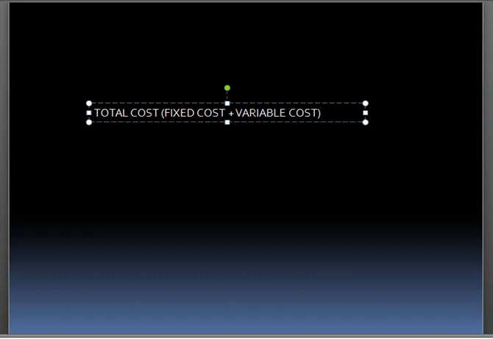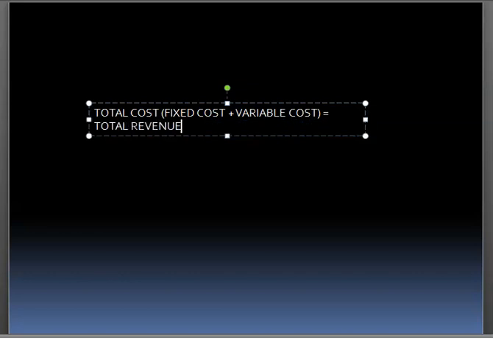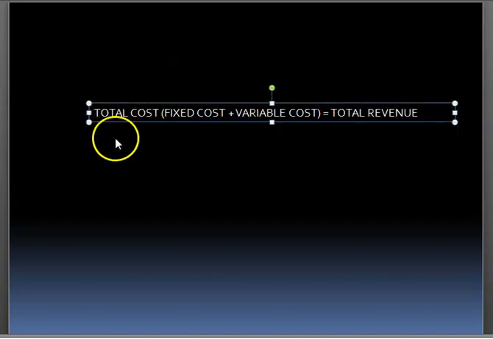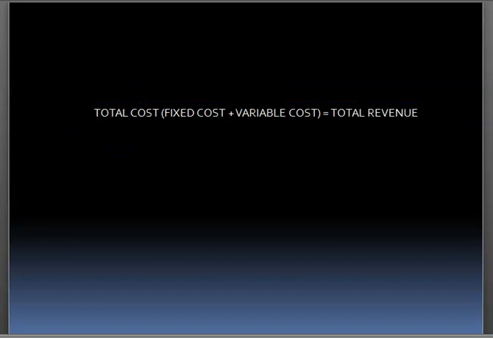They want to know when it equals the revenue, total revenue. Revenue and total revenue is the same thing. Now, the business wants to know that if they spend, let's say, £20,000, fixed cost, total cost.